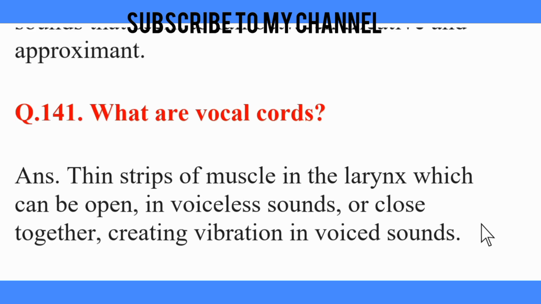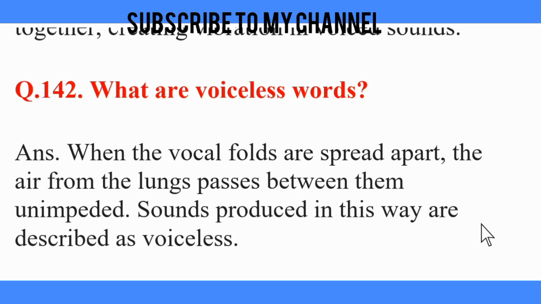What are vocal cords? Thin strips of muscle in the larynx, which can be open in voiceless sounds or close together, creating vibration in voiced sounds. What are voiceless sounds? When the vocal folds are spread apart, the air from the lungs passes between them unimpeded.